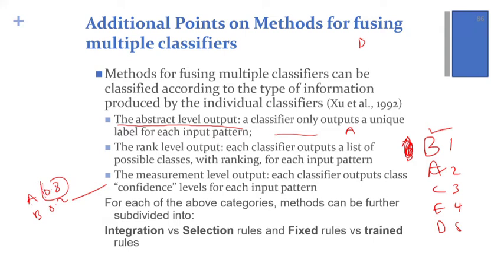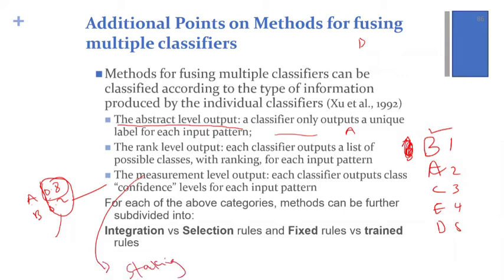So we're going to take this value to make the final decision. Now, we just take these values and use them to train. This is why at the measurement level, one of the popular ensembles is stacking.